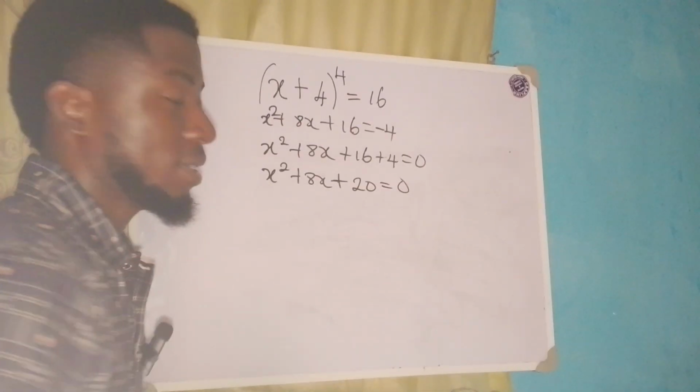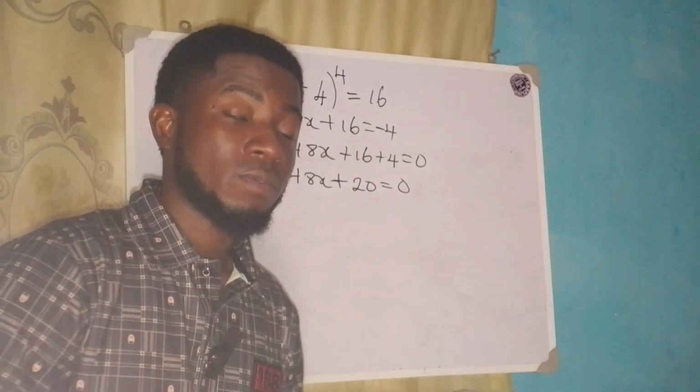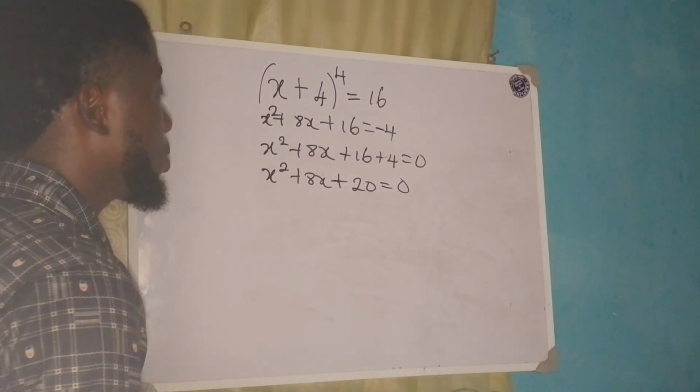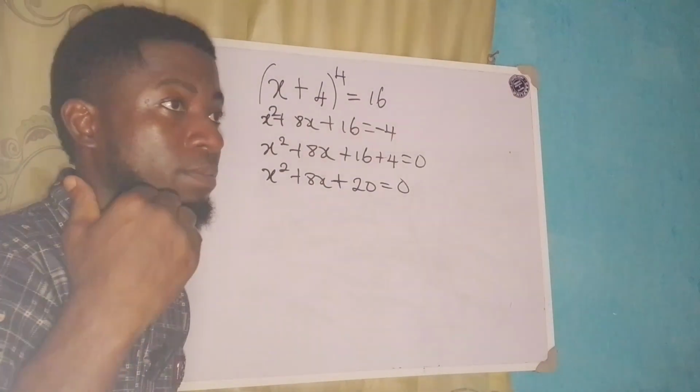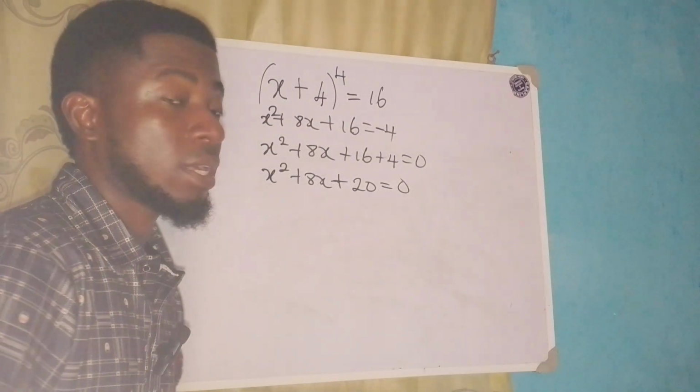So the next thing is, what method do we use? Because this is still a quadratic equation. If you do not have any factors in your head, use the formula method like I always do.